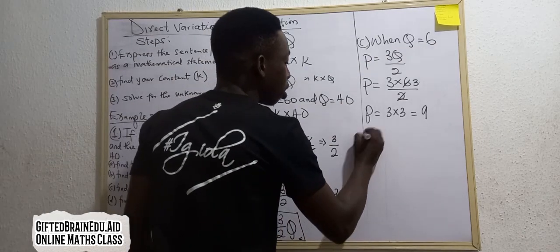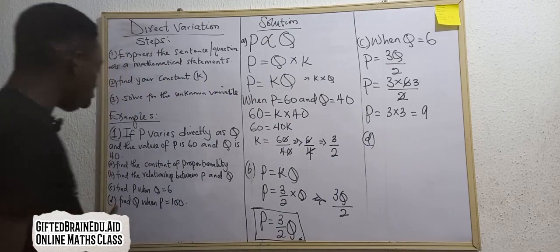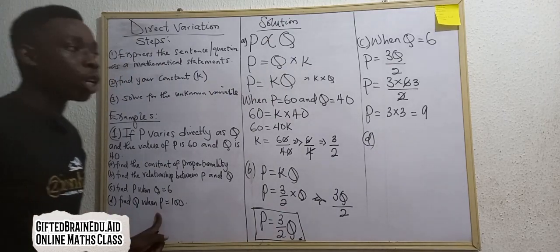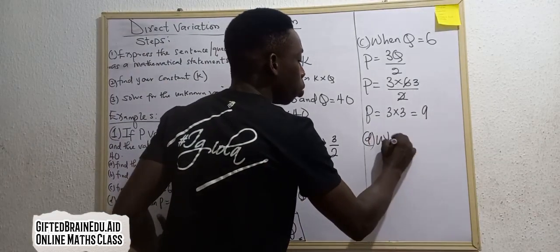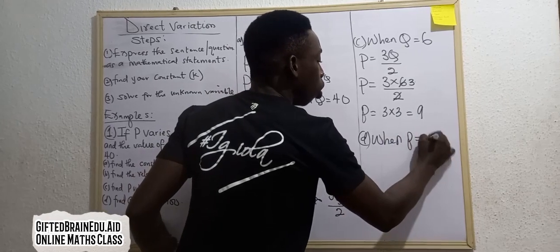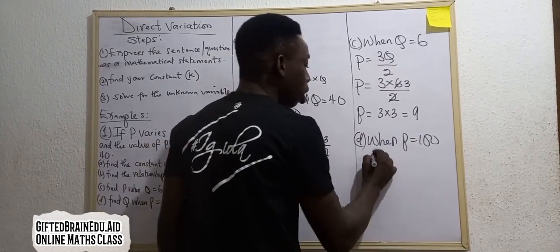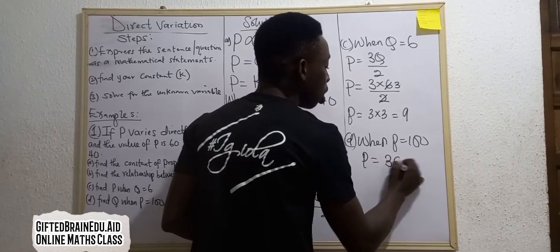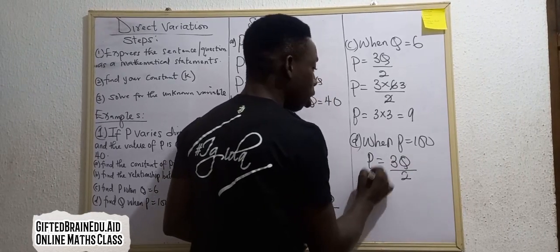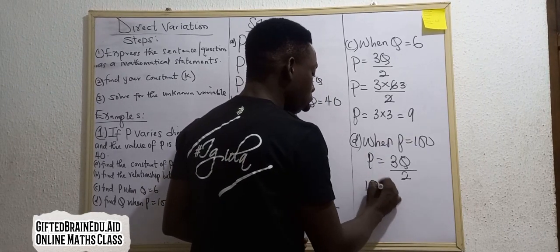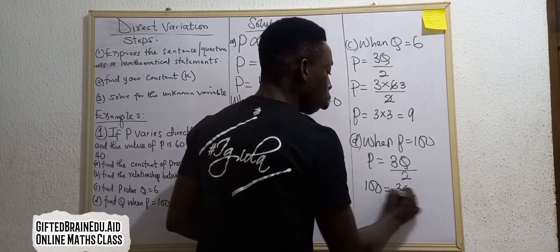Also, the D part of the question says we should find Q when P equals 100. So when P equals 100, don't forget our formula: P equals 3Q over 2. Here P is now 100, so 100 equals 3Q over 2.